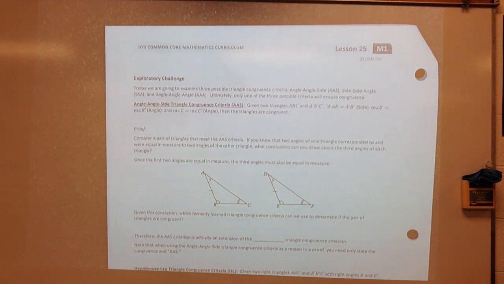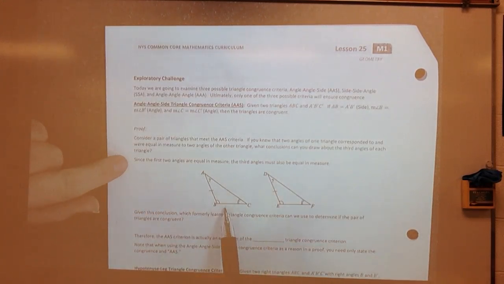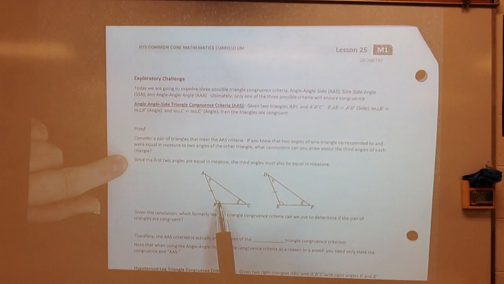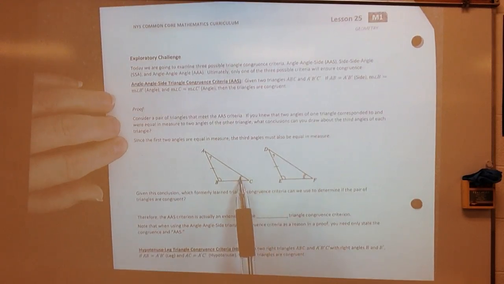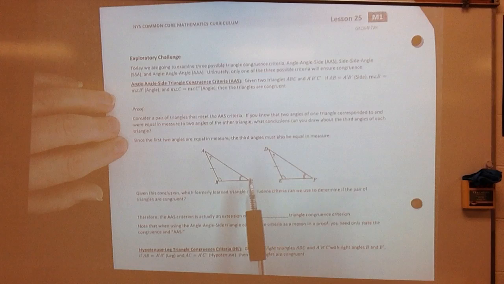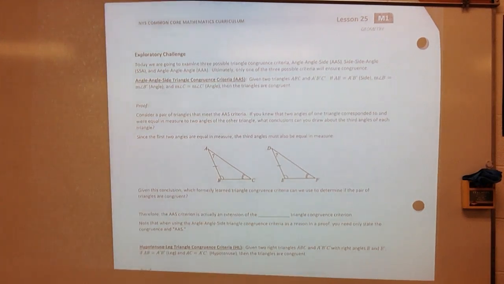Since the first two angles are equal in measure, the third angles must be equal in measure. Since this angle is equal to that angle, and this angle is equal to that angle, think about it, guys. We know that the three angles in a triangle equal 180 degrees.